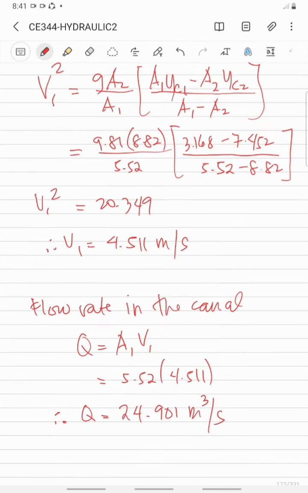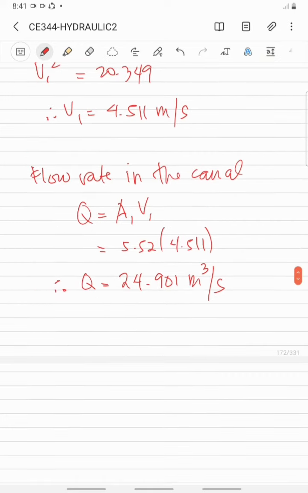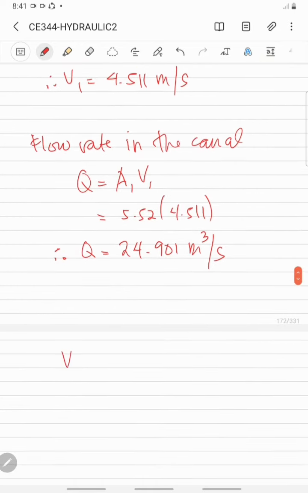After computing the flow rate of the canal, we can now determine the velocity after the jump, and that is equal to V2, which is equal to Q over area 2.